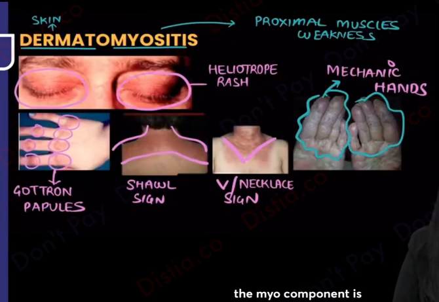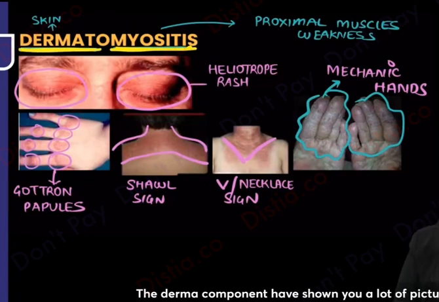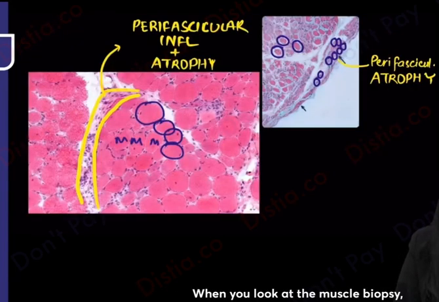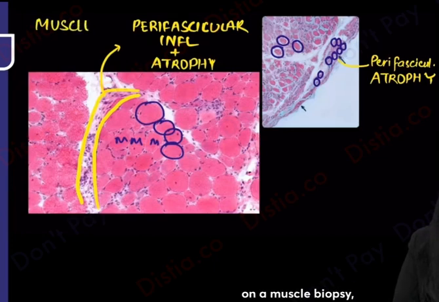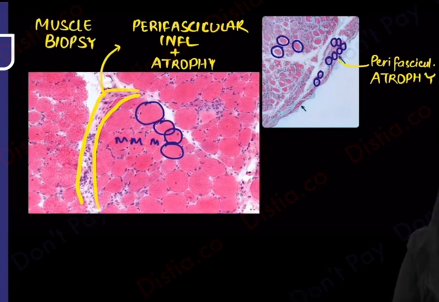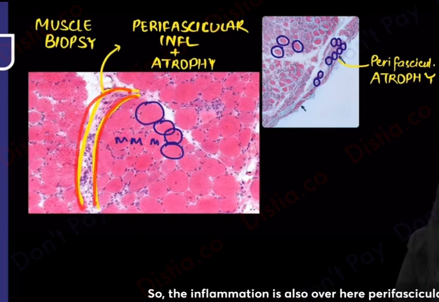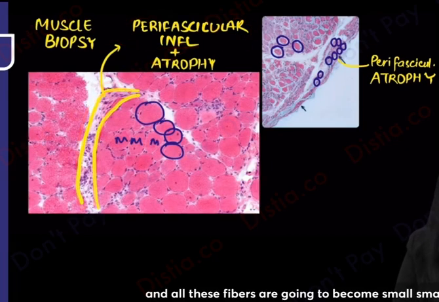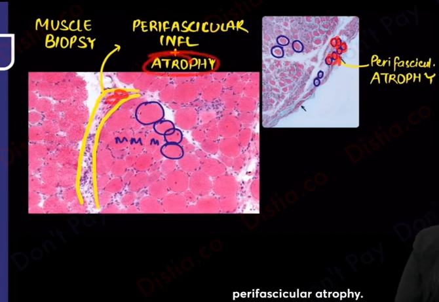Repeating once again, the myo component is proximal muscle weakness. The derma component, I've shown you a lot of pictures. On a muscle biopsy, I can see two findings, both around the fascicle: the inflammation is perifascicular, and the fibers become small, which is perifascicular atrophy.